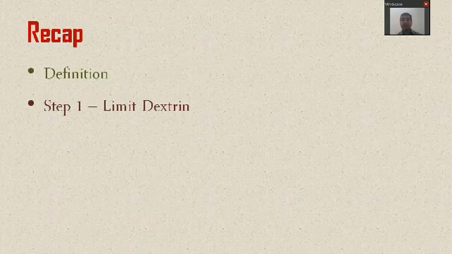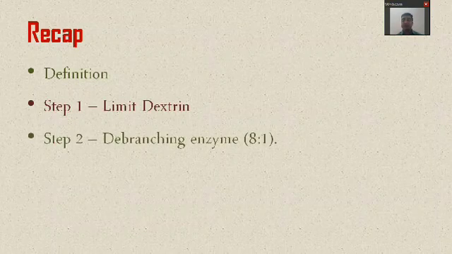Then, a recap of what we learned. We talked about the definition, that means simply the conversion of glycogen to glucose or glucose 6 phosphate. Then step 1, with the end product limit dextrin. Step 2, the debranching enzyme, which has two activities, transferase and cleaving of the alpha 1,6 bond, and production in the ratio of 8:1.